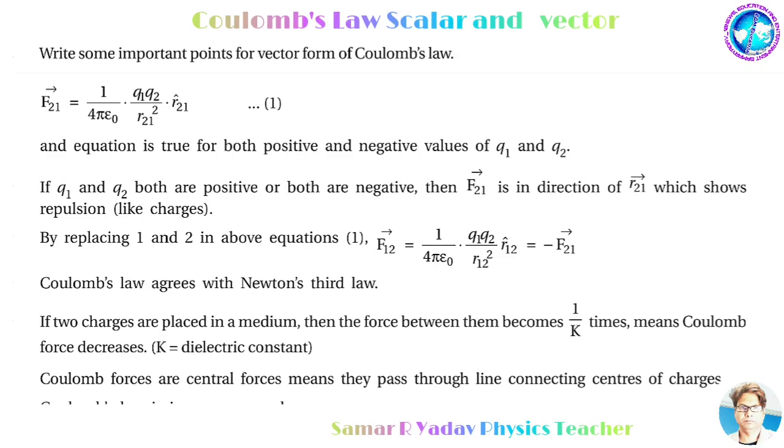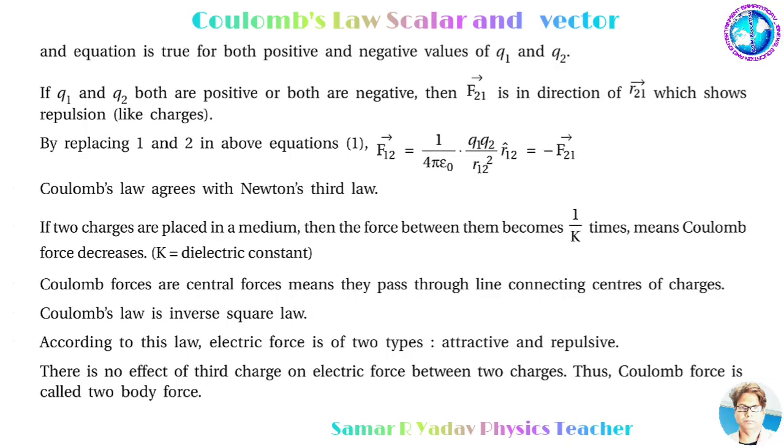Third, by interchanging 1 and 2 in the above equation 1, vector F12 is equal to 1/(4πε0) × q1 q2/r21² × unit vector r12, which is equal to minus vector F21. Fourth, Coulomb's law agrees with Newton's third law.